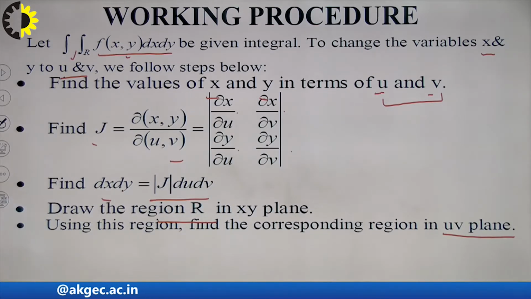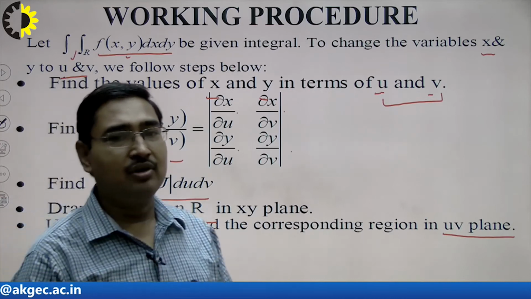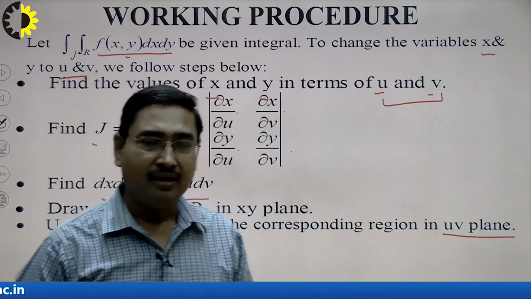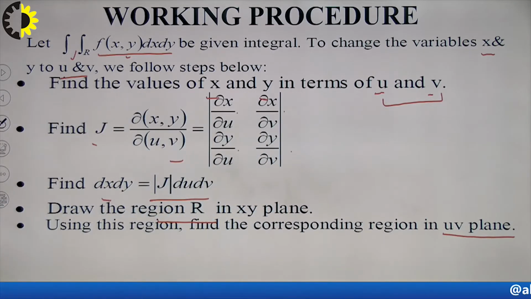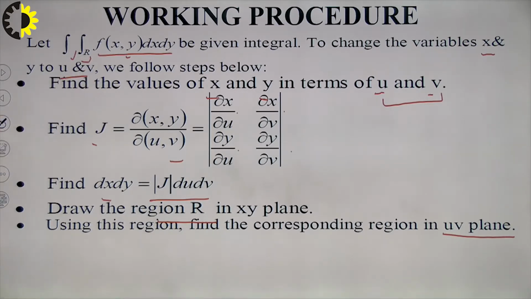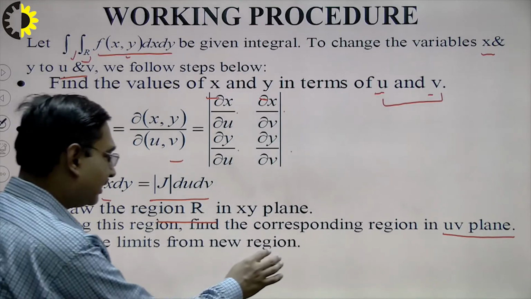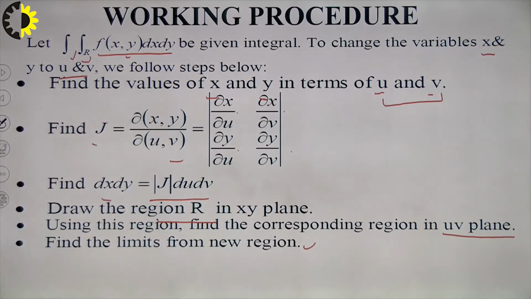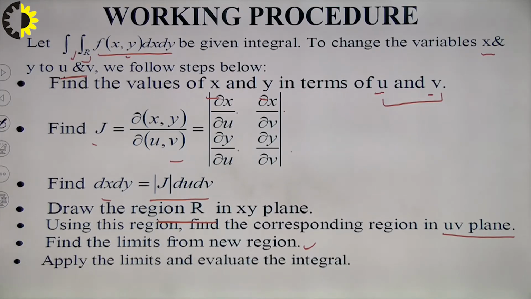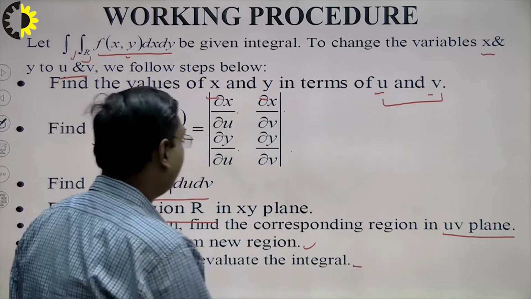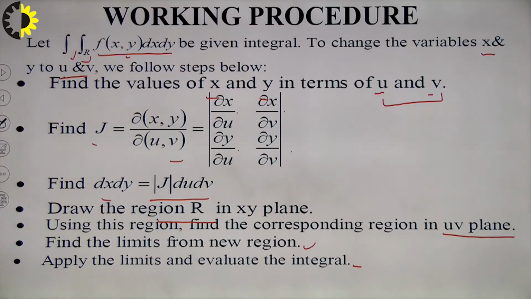That is, we shall draw another diagram which will be called the uv plane, and that uv plane will be used to find the corresponding region for this region R in terms of u and v. Find the limits of u and v from the new region. Applying these limits, the integral will be evaluated, and the value of the integral will be our answer.